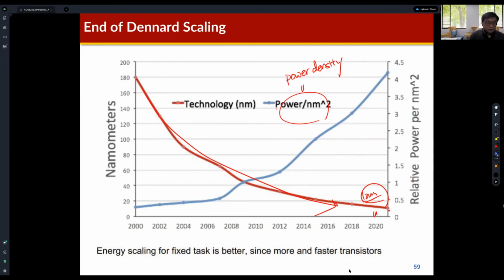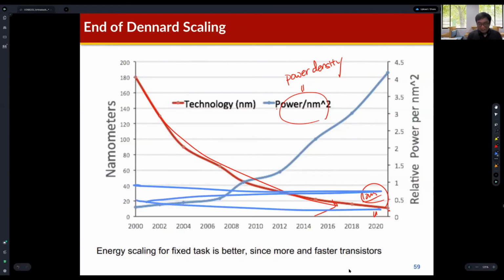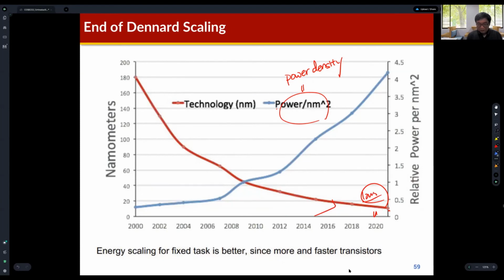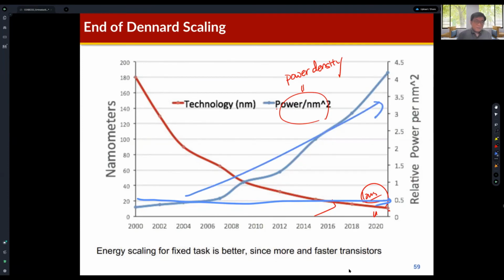Actually, the expected power density by Dennard scaling is constant. This is the expected power density. But as you can see, the power density has been increasing more and more. So what is happening? What's the matter?